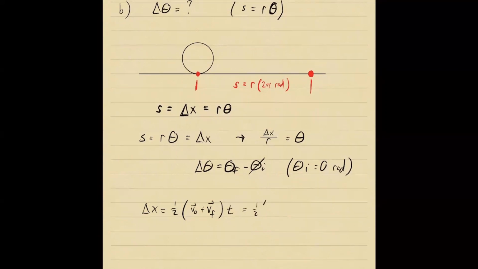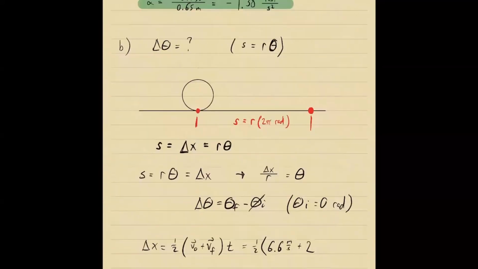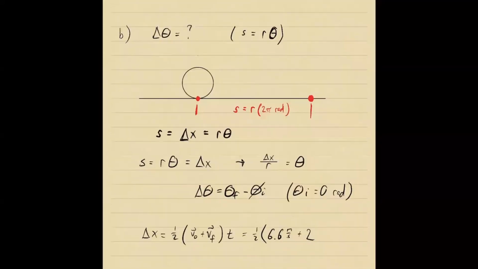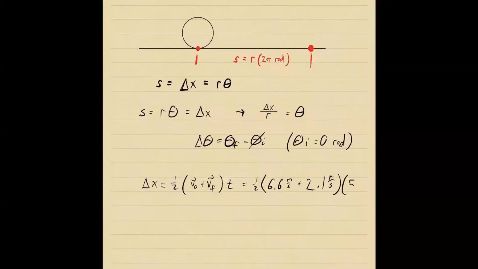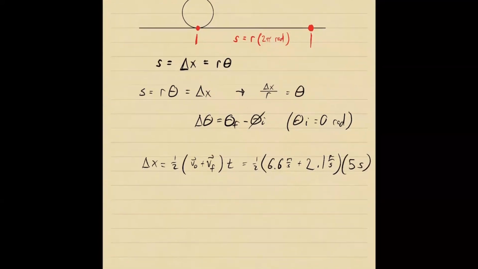That's going to be 1/2 times the initial velocity, 6.6 meters per second, plus the final velocity of 2.1 meters per second. And the bike travels this way for 5 seconds. So in this case, the total distance that the bike has traveled during this whole period of time is 21.75 meters.